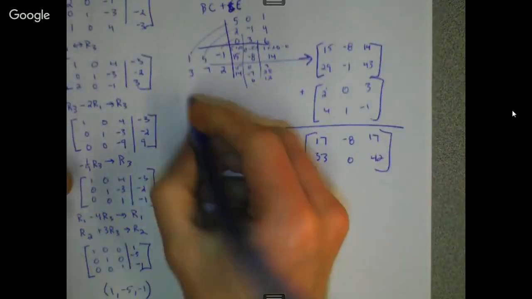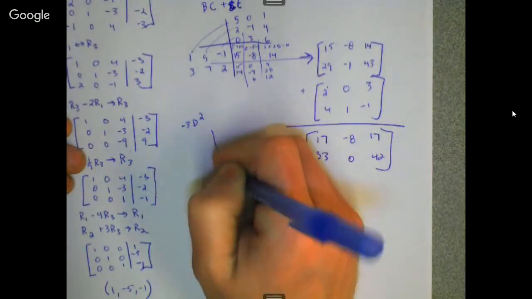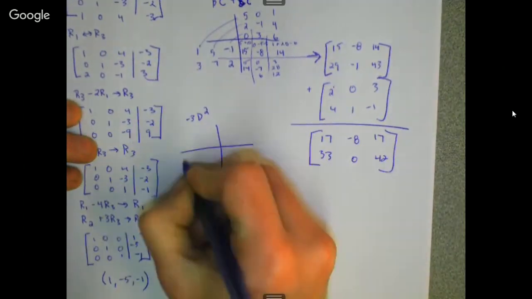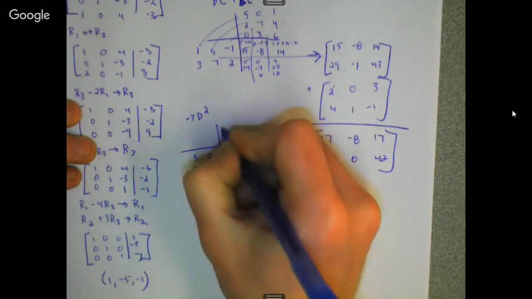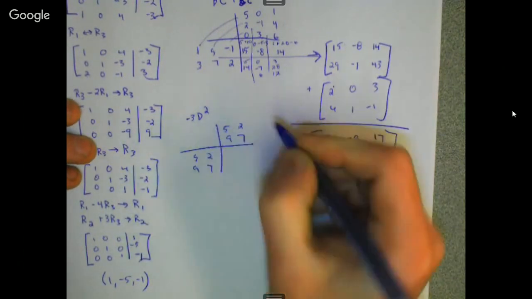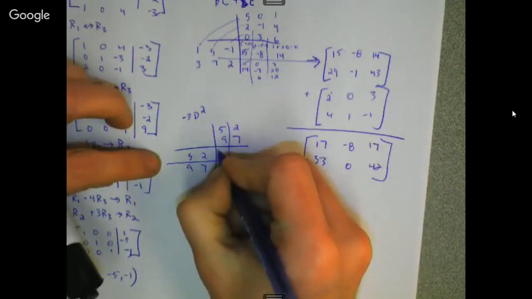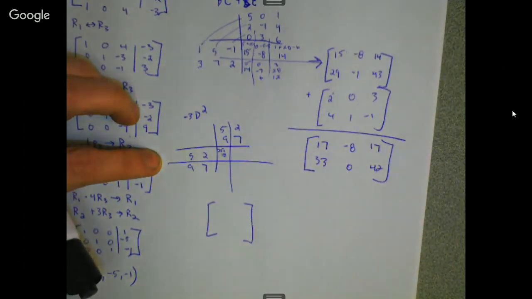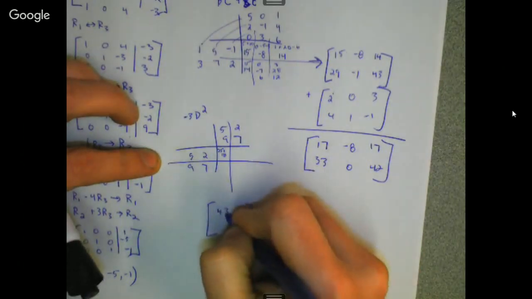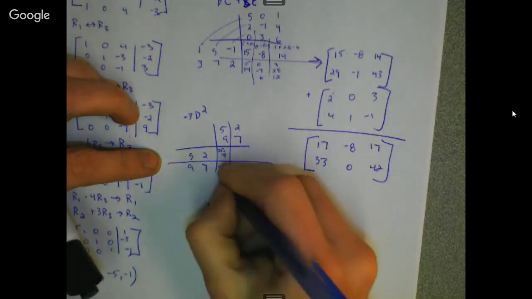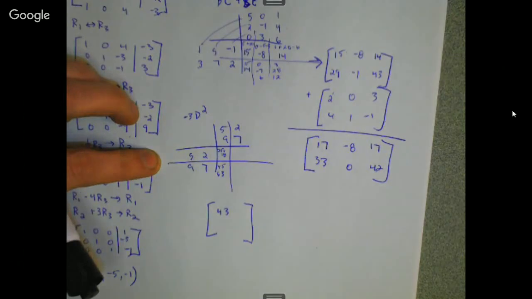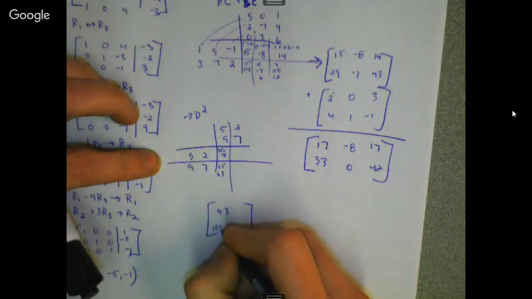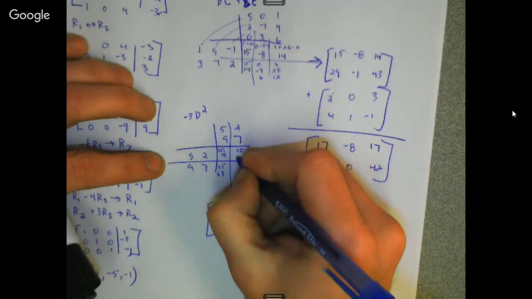B says negative 3D squared. So we're going to square D, which is 5, 2, 9, 7. Okay, so it's 25 plus 18. We'll write it down here. 43. That's 45 plus 63. That's 108. So then we have 10 and 14.